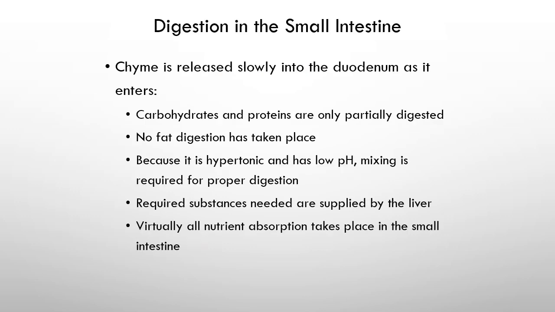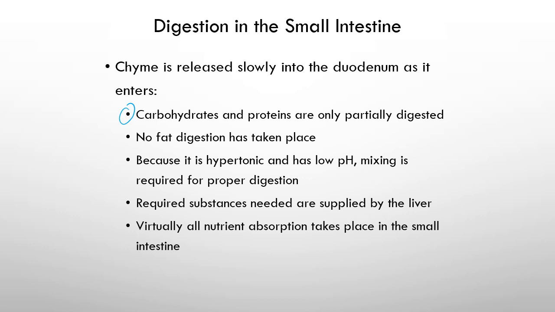In the small intestines themselves, this is where the majority of all of our digestion occurs. So carbohydrates and proteins, those began their digestion process up in the mouth and in the stomach, but only a limited number of types of carbohydrates have been digested, primarily starches.